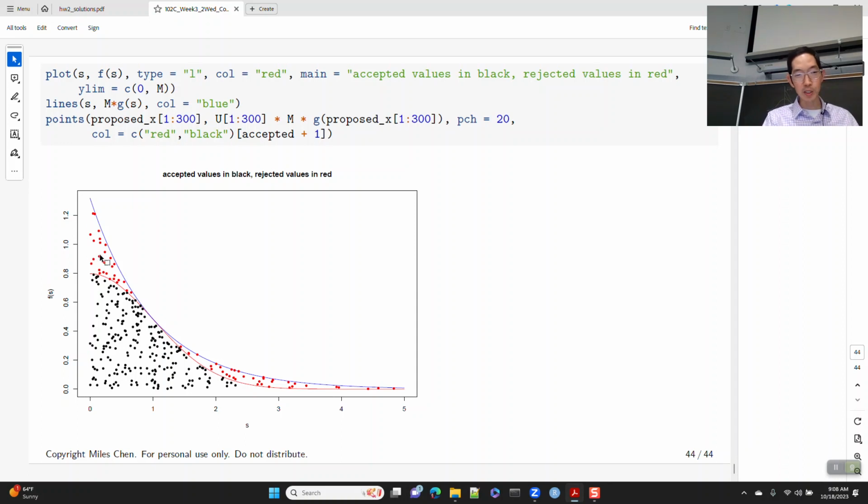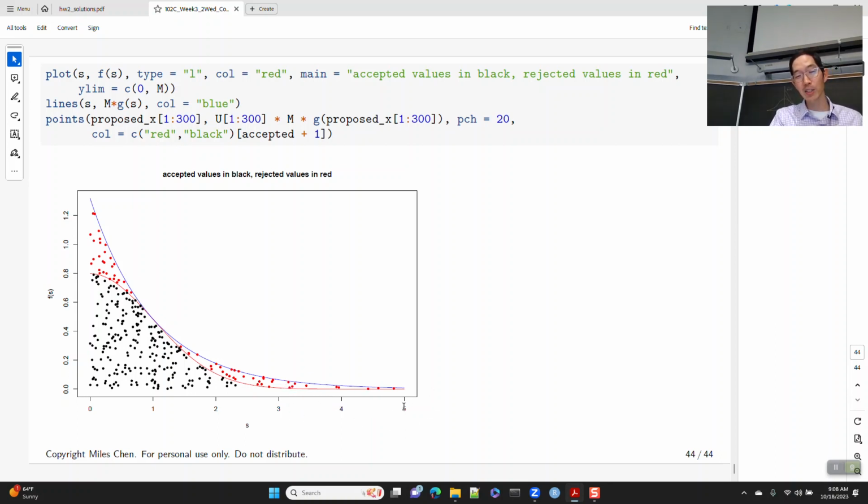We can see the exponential distribution proposes values near 0 a little too frequently compared to the normal PDF, and so some of those values near 0 get rejected. Anytime the exponential distribution proposes a value near 1, those will get accepted with 100% probability. With the folded normal, we rarely accept values above 3. The exponential actually proposes values above 3, not super frequently, but certainly more frequently than the normal distribution.